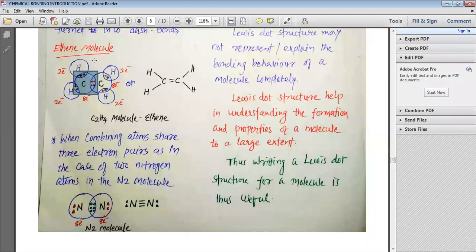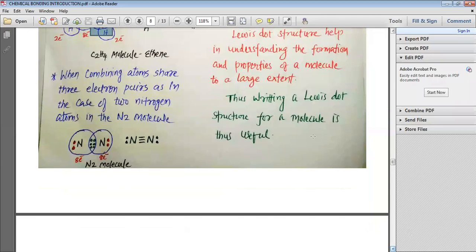In the same way, my dear students, you can see this carbon also attaining 8 electrons: 1, 2, 3, 4, 5, 6, 7, 8. So this is how both carbons attain 8 electrons and all the hydrogens attain a duplet with 2 electrons.